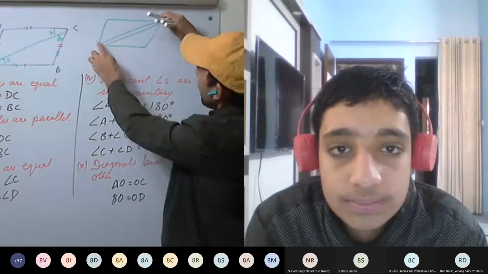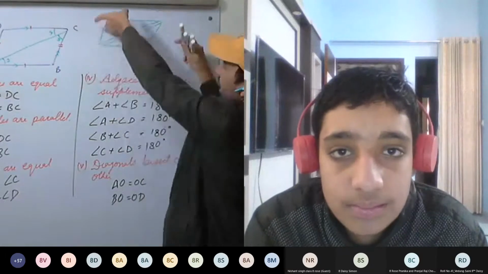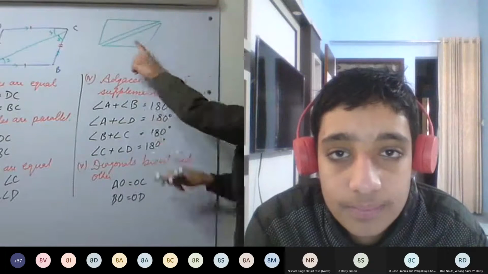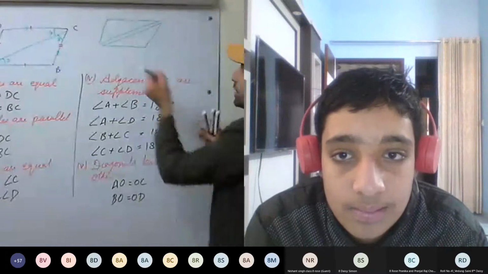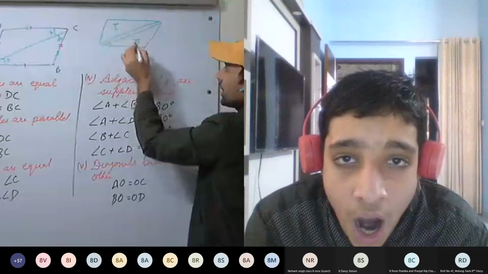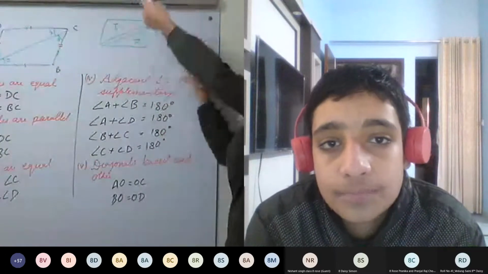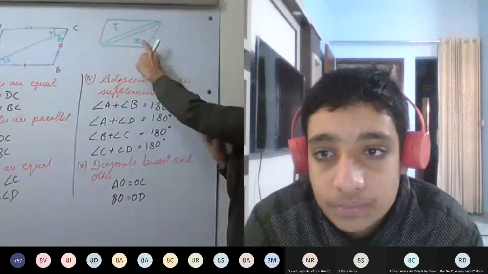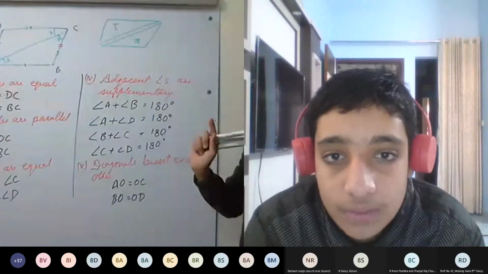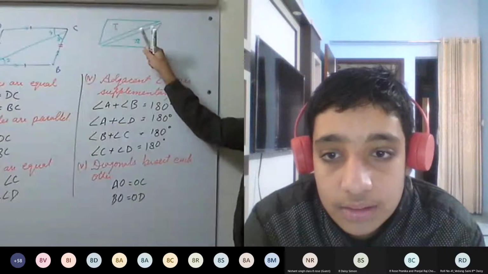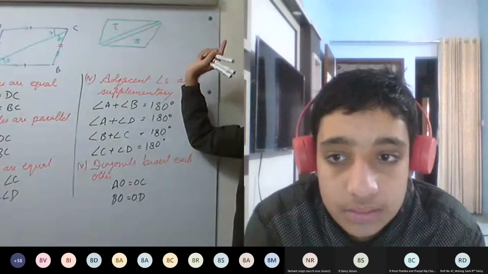Now, I take the first triangle and rotate it by 180 degrees, and it will overlap the second triangle. Can you figure it out? It will overlap the second triangle exactly. That means these triangles are same.